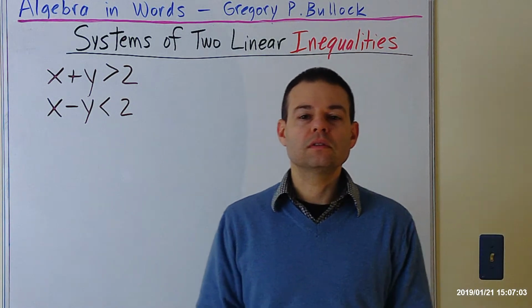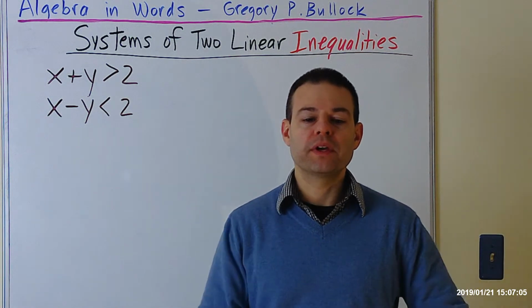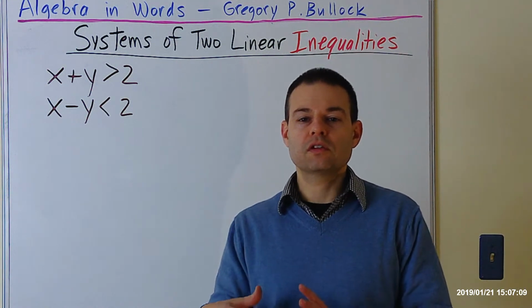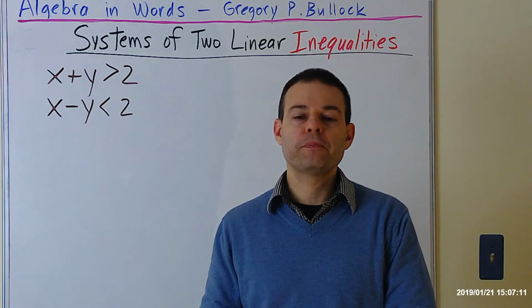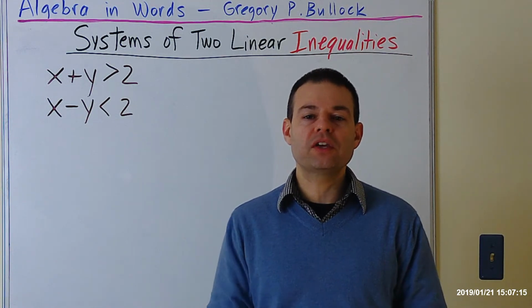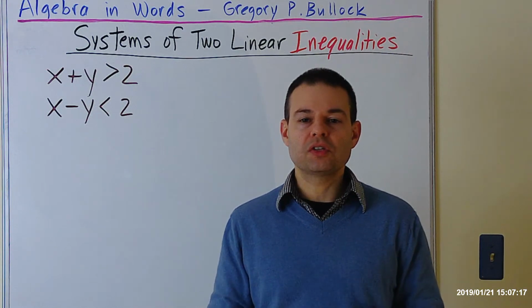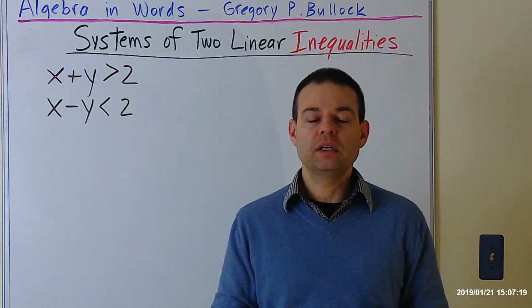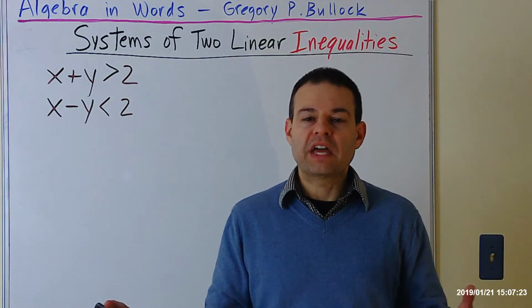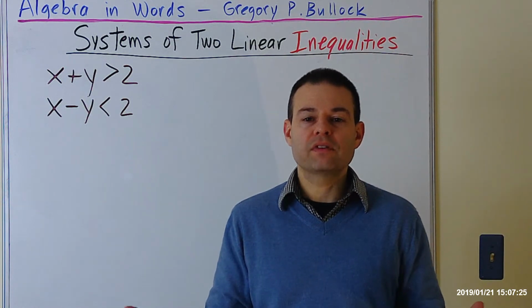First, let me bridge systems of two linear equations with systems of two linear inequalities. If you remember, for a system of two linear equations, the solution is one point: the point of intersection, where the two lines cross. That's if the lines have a solution.